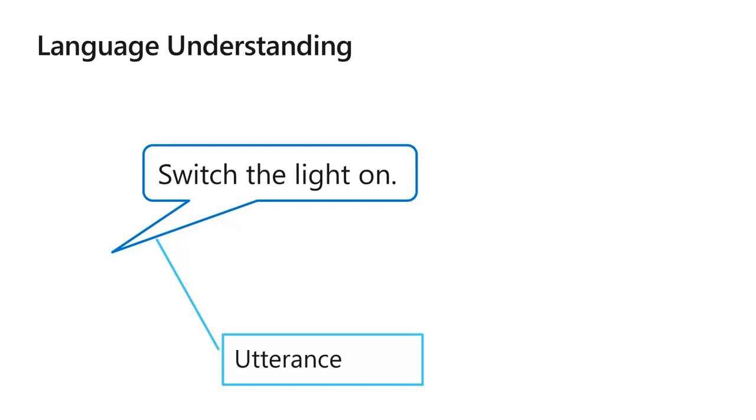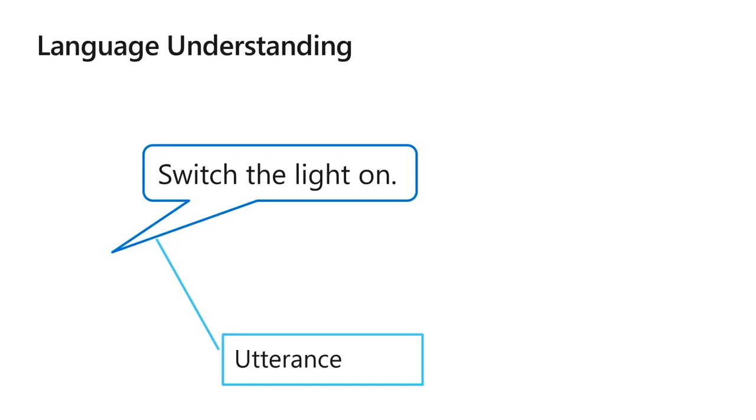In language understanding, there are 3 things that you have to remember: utterances, entities, and intents. Utterances are phrases that a user might say: switch the light on, turn the fan off, turn the fan on, turn the heater off, etc.